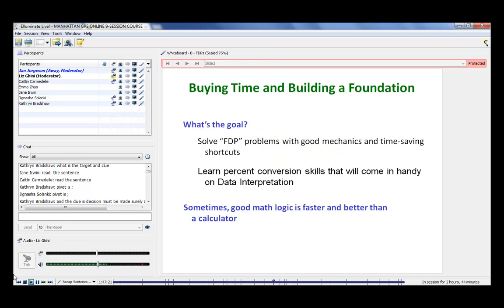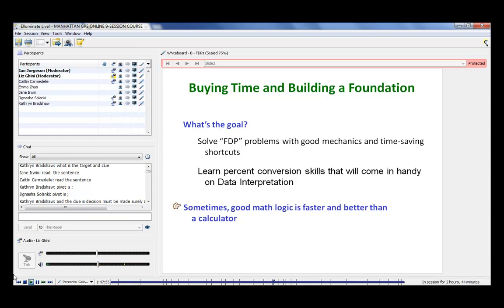The goal is to buy time and build a foundation. We're going to learn how to do the problems quickly. We're also going to learn the essential FDP shortcuts and some percent conversion skills that are very helpful on data interpretation, as well as some formulas. And I do have to point out, sometimes good math logic is going to be faster and better than a calculator, especially for the fraction problems.